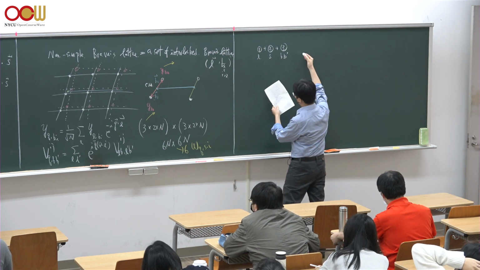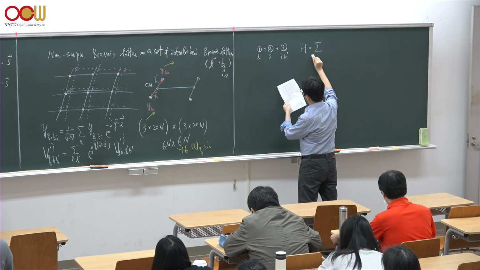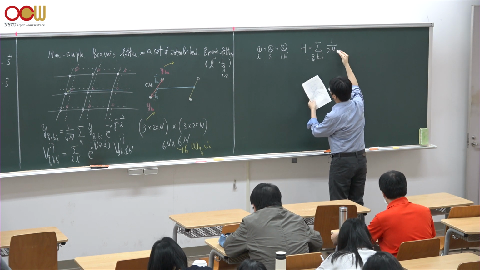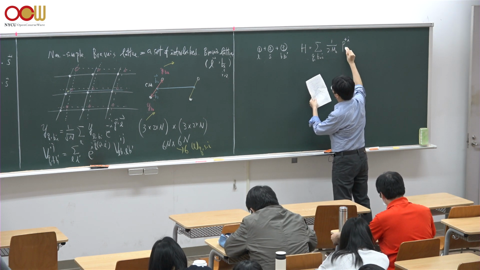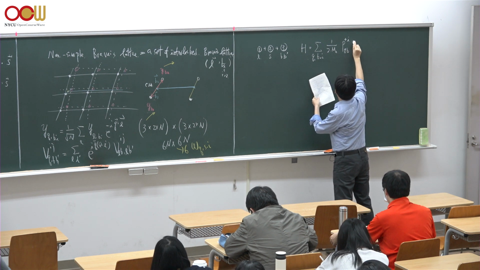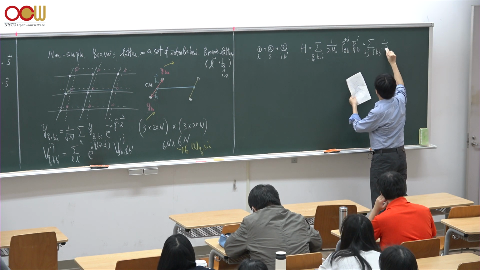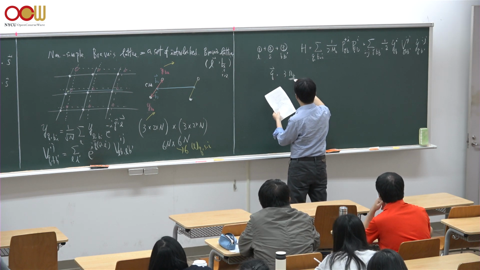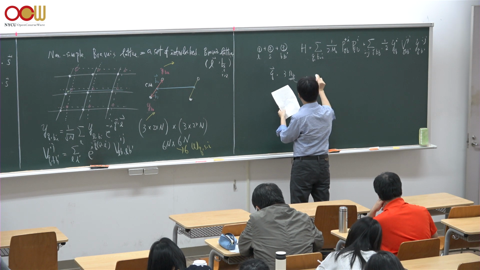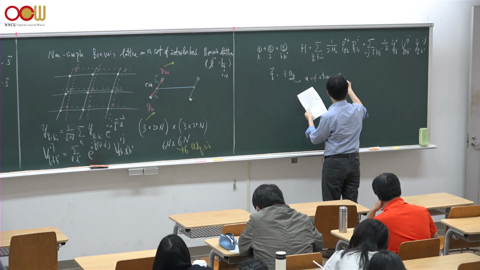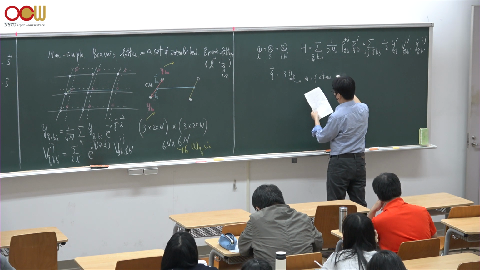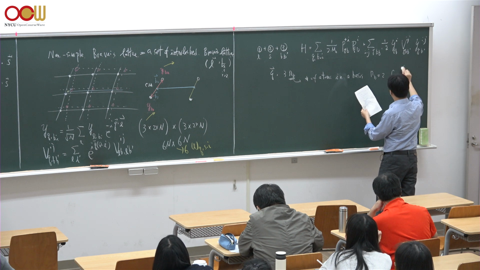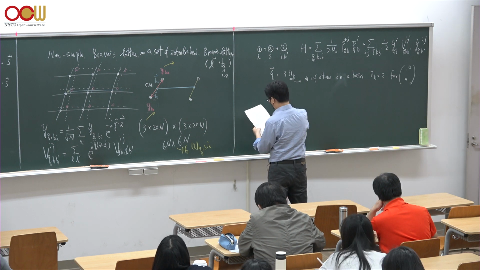So the full Hamiltonian is simply one more index compared to the simple Bravais lattice of a 3-dimensional phonon. Let me finish this. There are 3M_B degrees of freedom, where M_B is the number of atoms within a unit basis. So M_B is 2 for this two-sublattice structure.